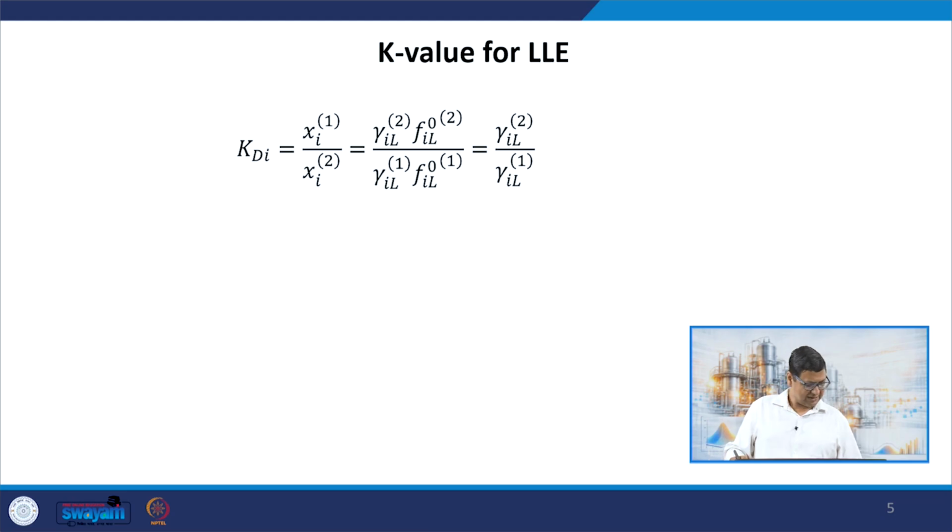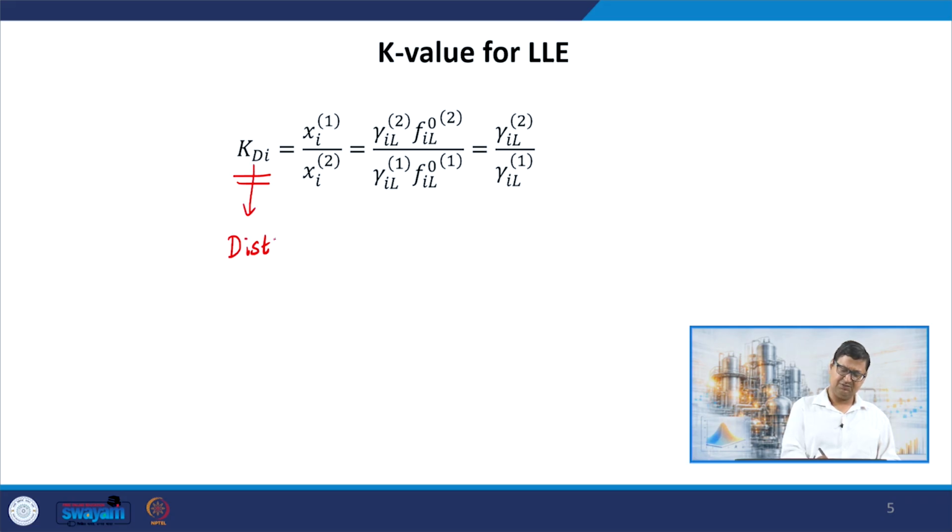So as I said, I can also define this K value for other kinds of equilibria. Let us say for liquid-liquid equilibria, we can define something known as a KDi, where D typically refers to the distribution, and this quantity is called the distribution coefficient or partition coefficient.